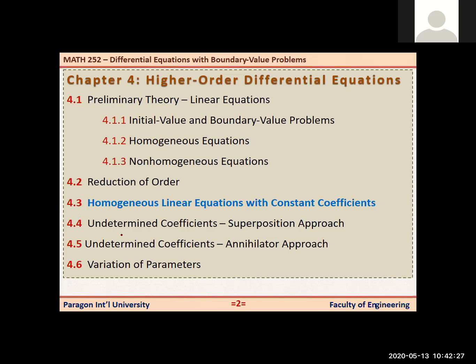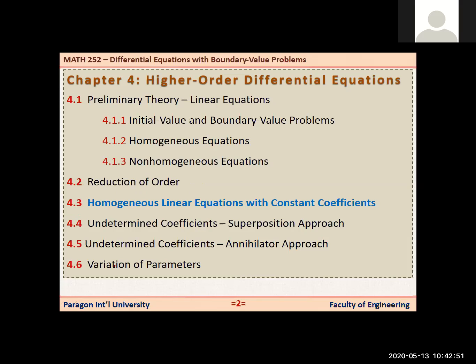After this, we will study 4.4, undetermined coefficients. And 4.5 and 4.4 are the same topics but a different approach. That's why I'm going to skip 4.5, and if you're interested, you can study it yourself. Just learning one of these methods will be enough for you. And 4.6, variation of parameters.